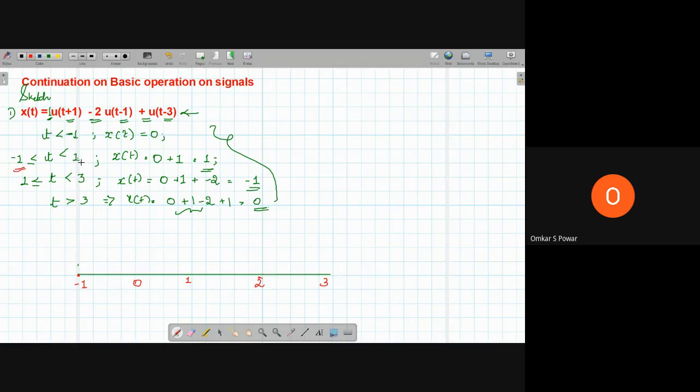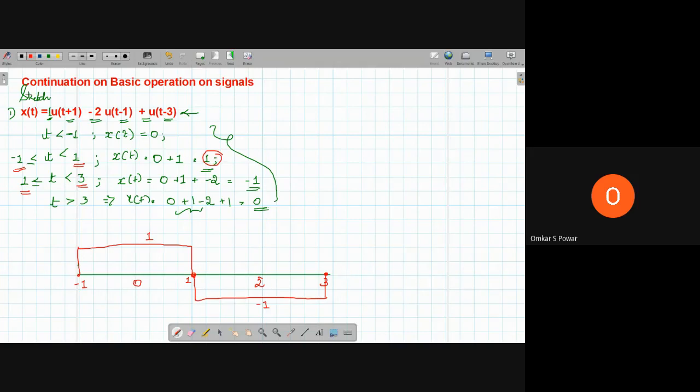From minus 1 to 1, what is the value of x of t? 1. Now from 1 to 3, x of t is equal to minus 1. When you are drawing, use a scale and draw neatly. So for t greater than or equal to 3, x of t is equal to 0. So this is how you plot this.